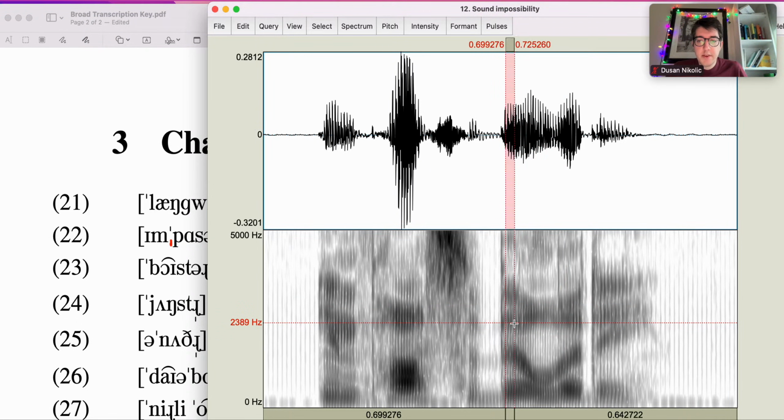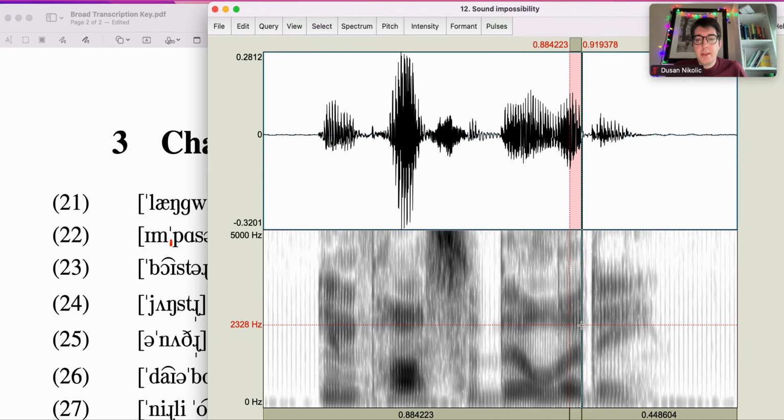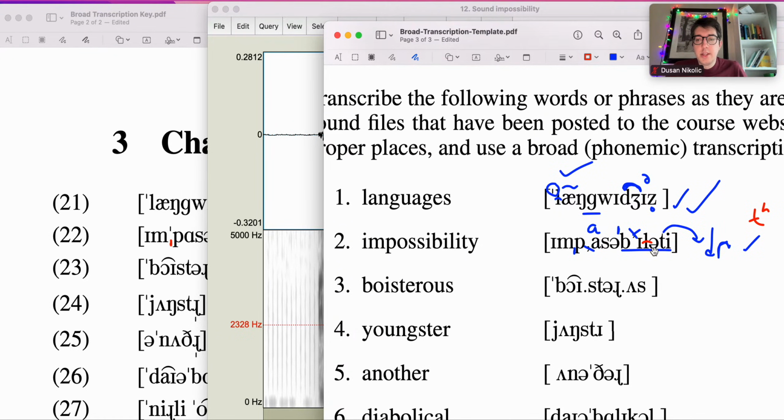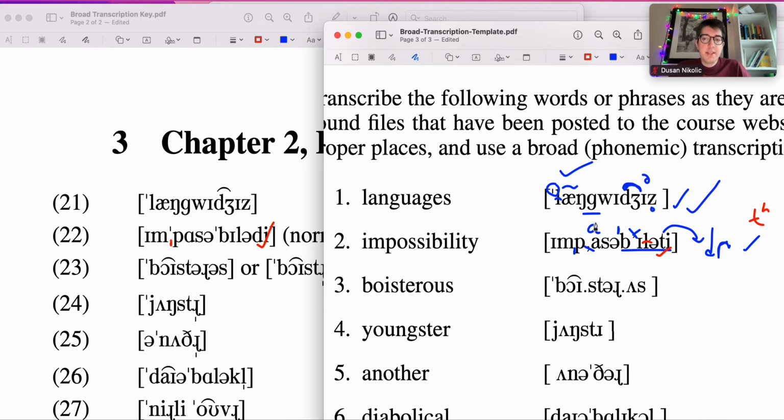I'm okay with having schwa. And there is definitely schwa here at the end for sure. So all things considered, excellent job. As I said, maybe just use this instead of that, and use d or flap instead of t. The rest is okay for now for broad transcription, but I'm giving you some tips on narrow transcription as well.